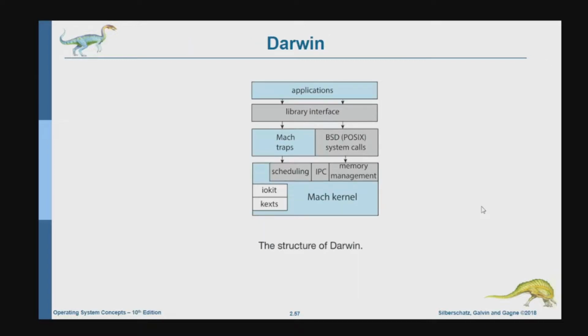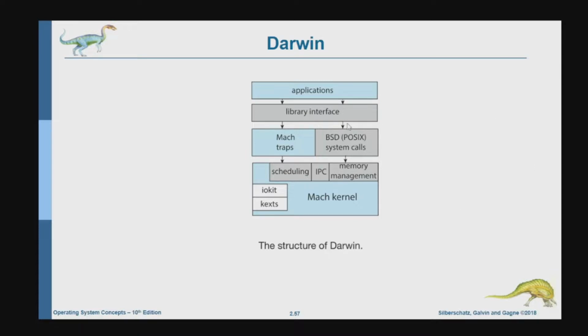Okay, so this one is the Darwin structure. It looks like the previous one. We have the application and then the libraries interface for the system call. The libraries interface will interact with the system call. We have POSIX and Mach trap.